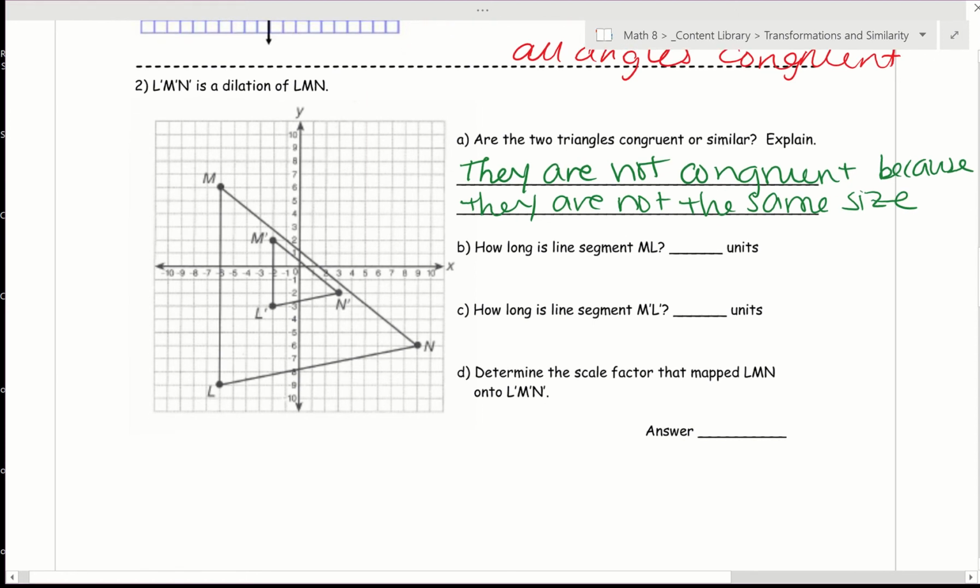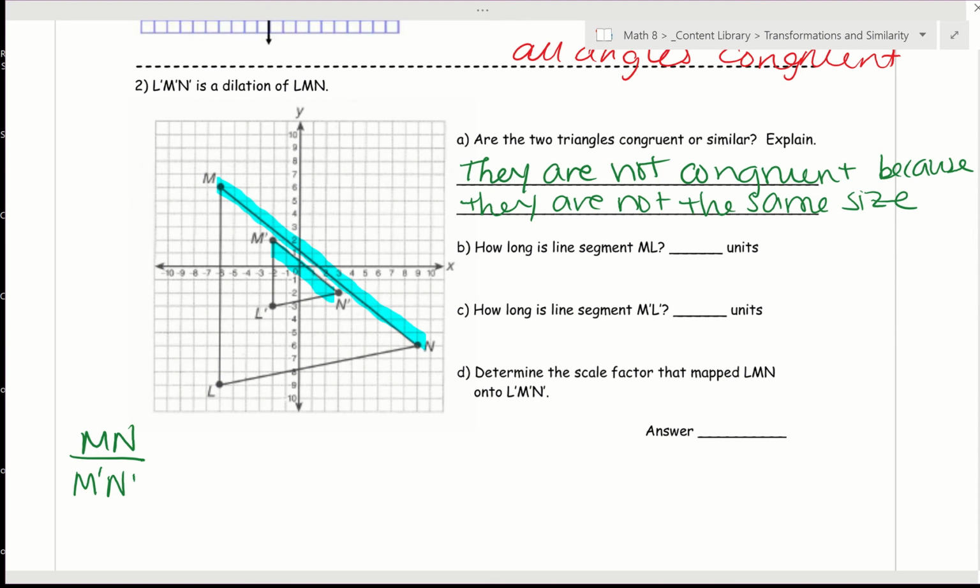Well, if they are similar, then their lengths are going to be in proportion. So let's take the length of MN, and it should match up to M prime, N prime. Okay? Well, do we know how long that is?